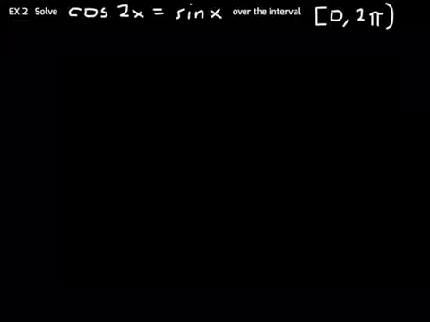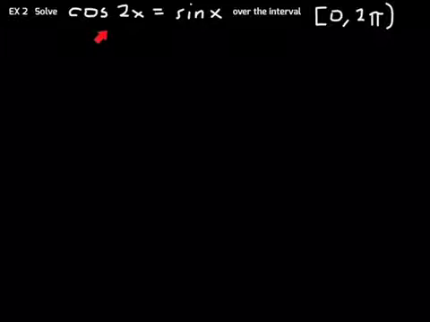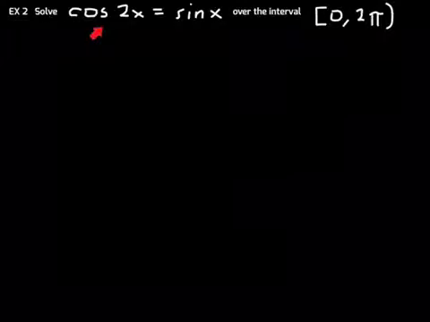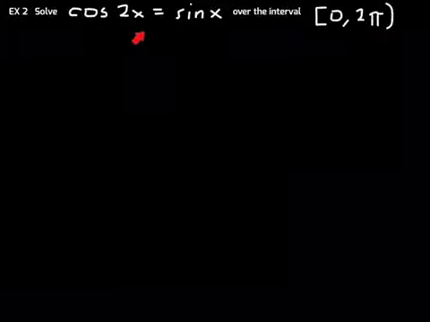Okay, guys, my first instinct is to work with that left-hand side. It's a double angle. When I think about my double angle identities for cosine, I remember that there are 3 different ones. There's one of them that is only in terms of sine.